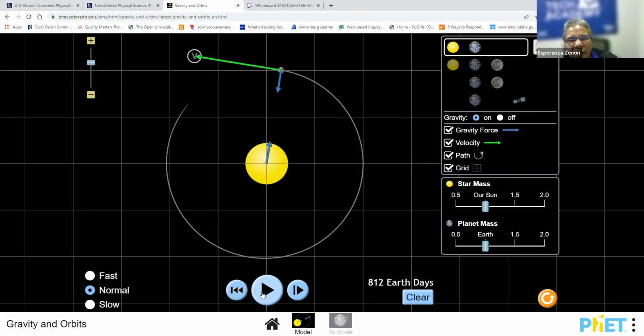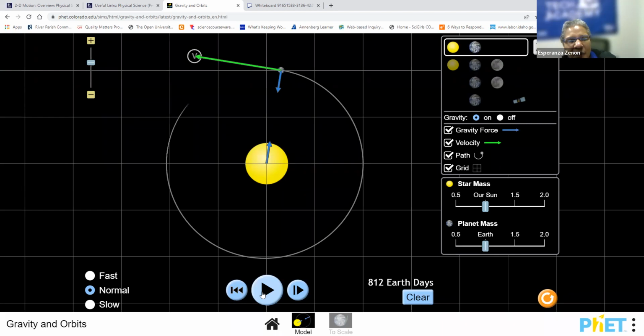If an object's velocity is changing, it means it is accelerating. And in this particular case, we have acceleration being produced, the blue arrow, just because the direction of the object's velocity is changing.